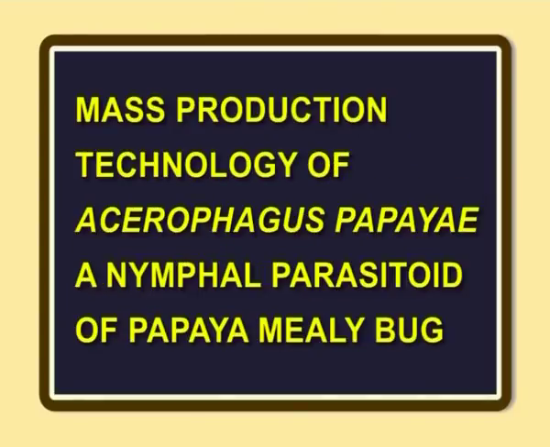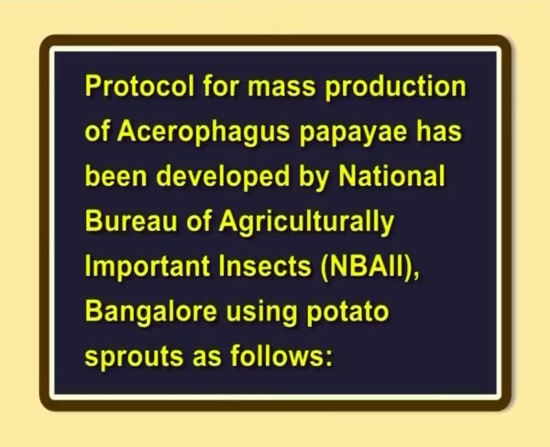Mass production technology of Acerophagus papayae, a nymphal parasitoid of papaya mealybug. A protocol for mass production of Acerophagus papayae has been developed by the National Bureau of Agriculturally Important Insects, NBAII, Bangalore, using potato sprouts as follows.